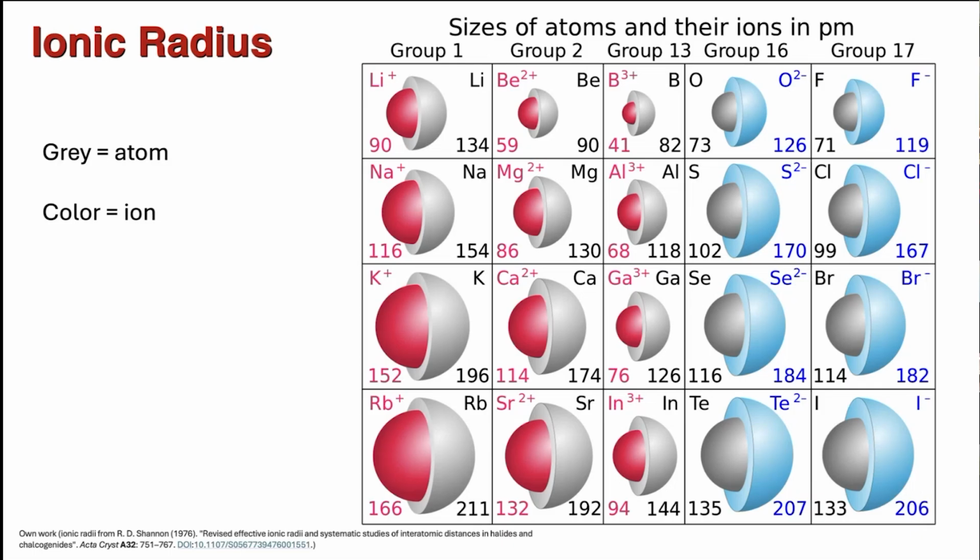Conversely, if we take fluorine and create fluoride, we increase the ionic radius from 71 picometers to 119 picometers. And you can see as we go down group 1, lithium, sodium, potassium, rubidium, the ionic radii increases.